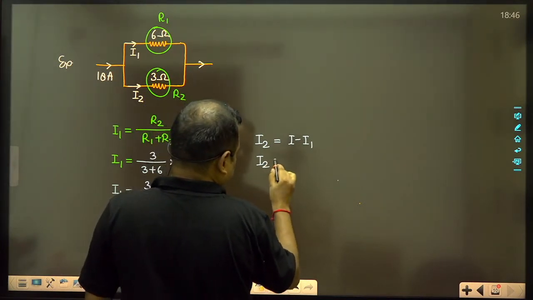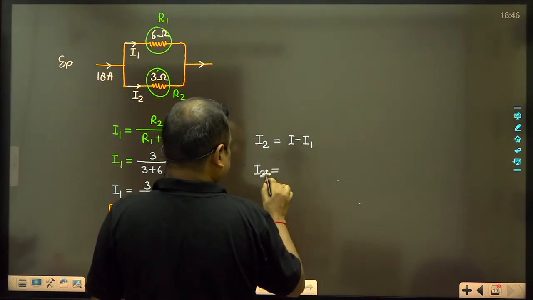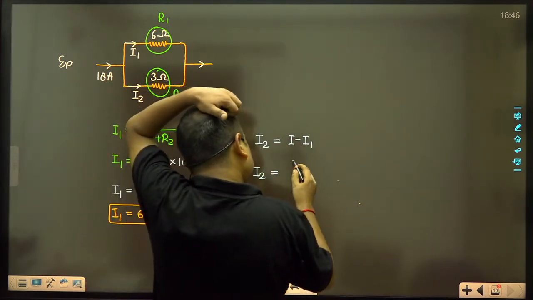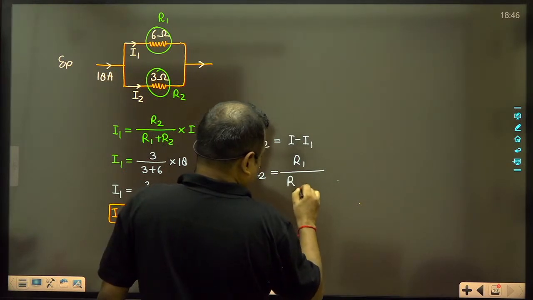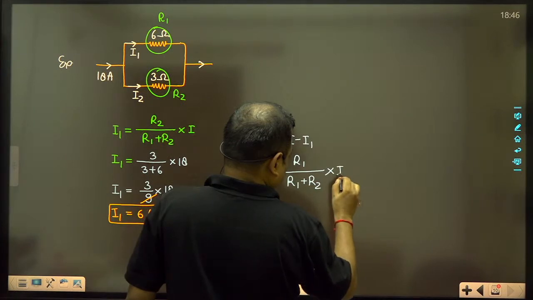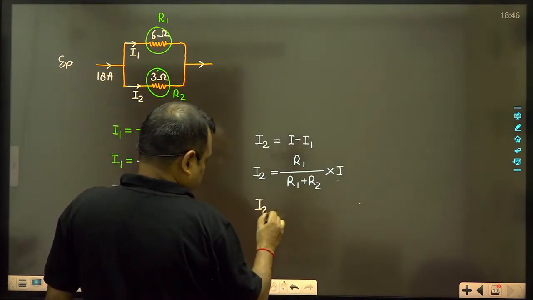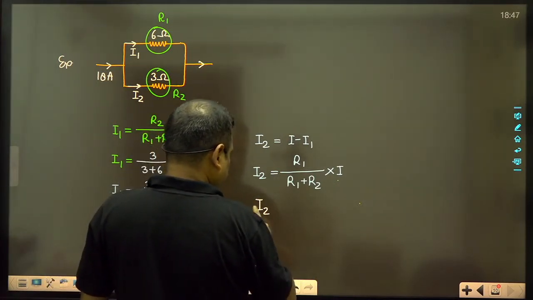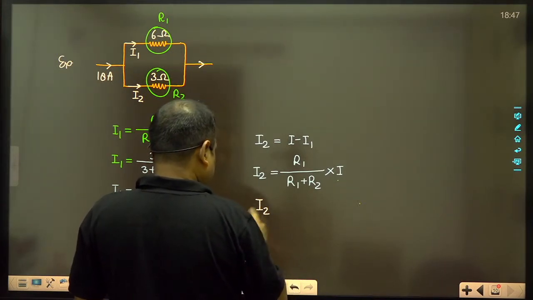Okay, so this is I2 and this will be equal to R1 upon R1 plus R2 multiplied by I. Okay, so this is I2.